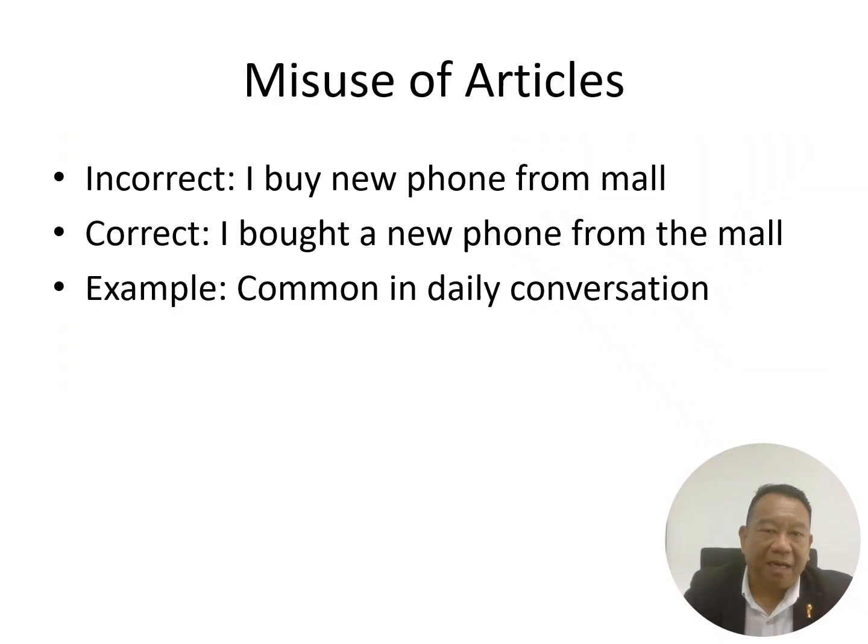Another common mistake in communication is misuse of articles. The incorrect one: "I buy new phone from mall." The correct version should be "I bought a new phone from the mall." This example is very common in daily conversation.